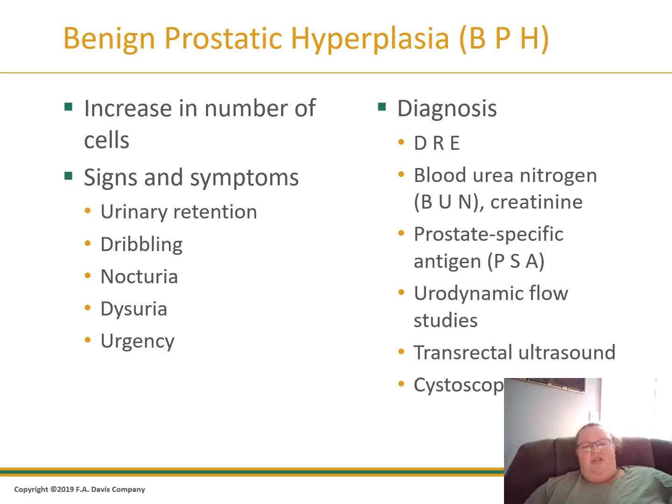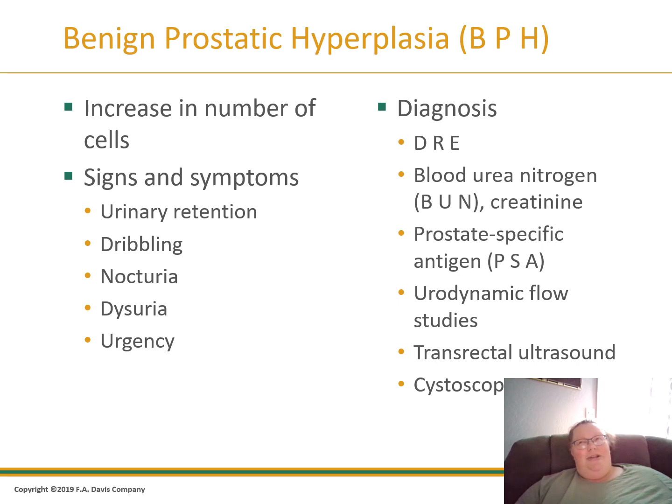Okay, BPH is what we see a lot of. It's an increase in number of cells, just general enlargement of the prostate, as the prostate ages, it atrophies and becomes larger. Signs and symptoms are urinary retention, dribbling, nocturia.